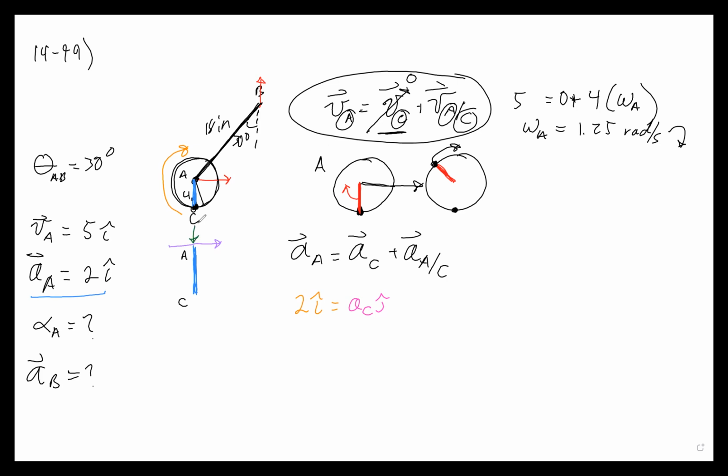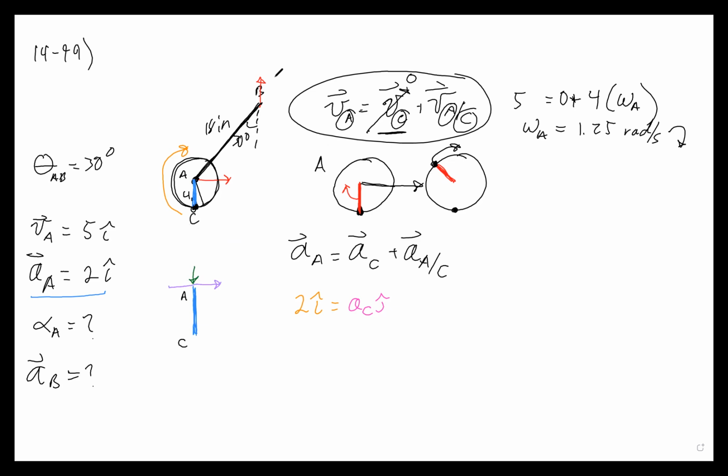Remember, this is not velocity, this is acceleration. This is how the point is going to be moving relative to another point. Let me move this a little bit to get it away from the other diagram.